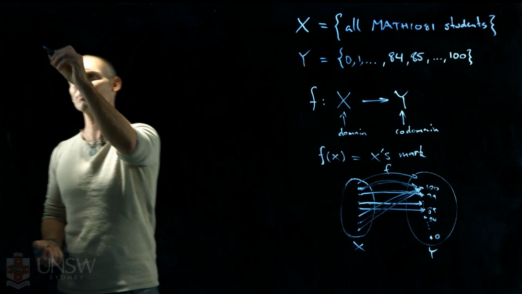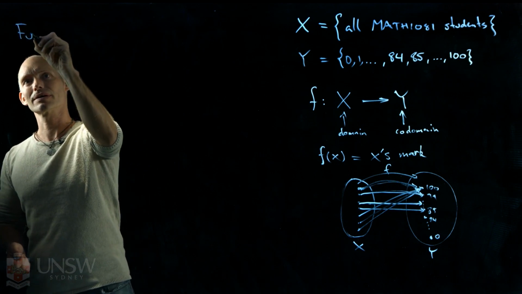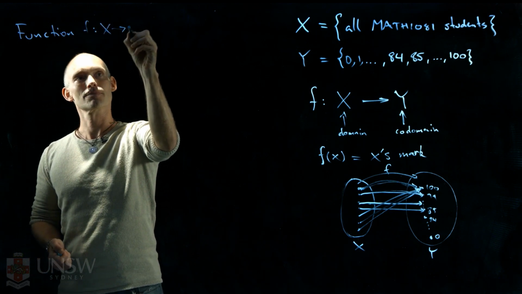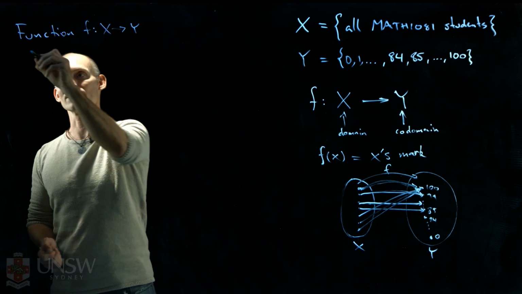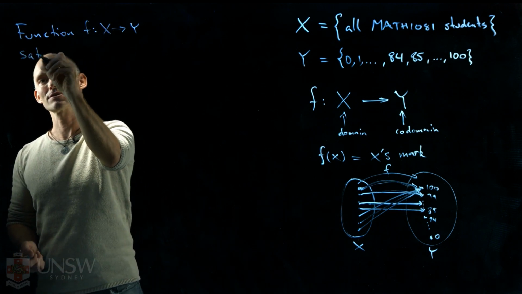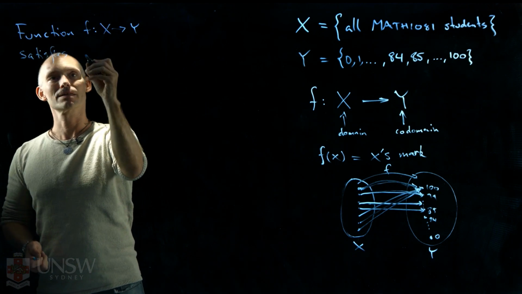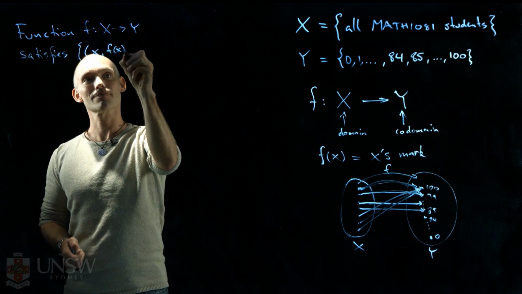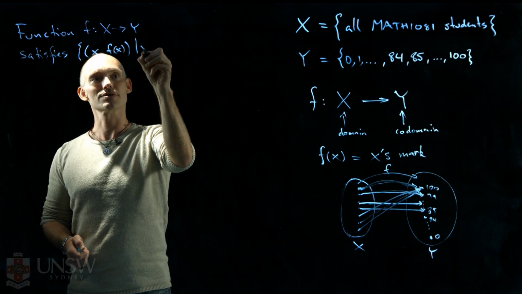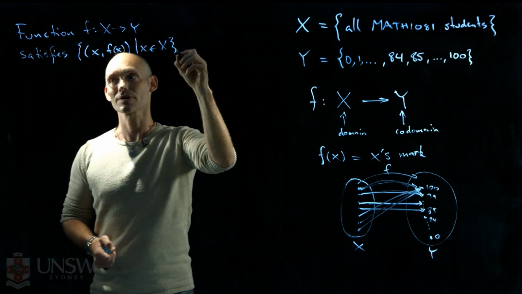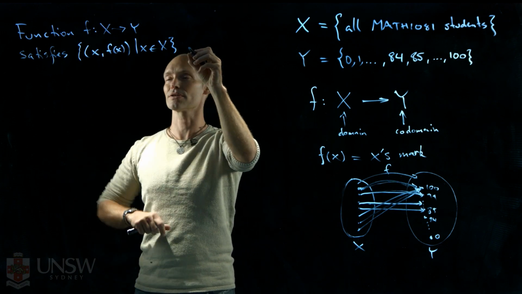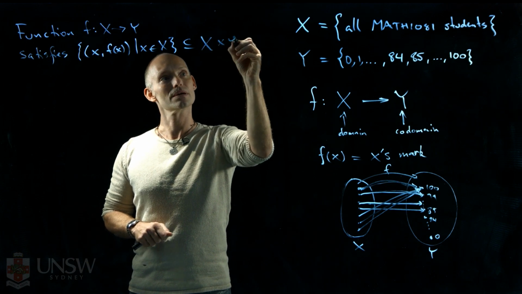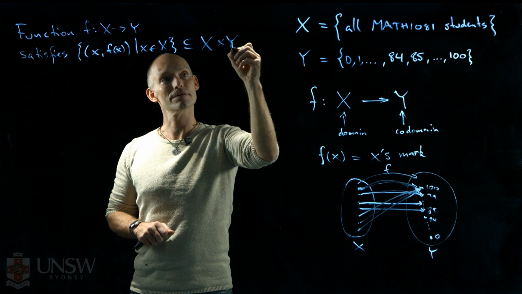So if we write that up, the function f from x to y satisfies that we've got the ordered pairs x and f of x, where x is any element, so any student, for instance, satisfies that this particular set of ordered pairs is a subset of the Cartesian product.